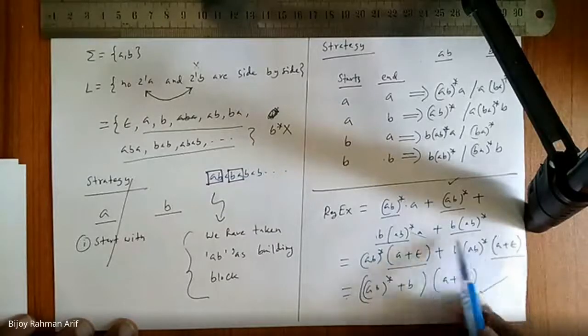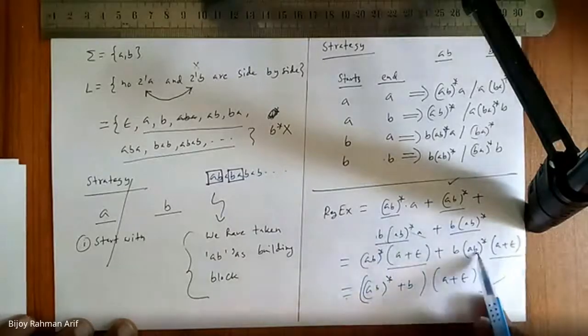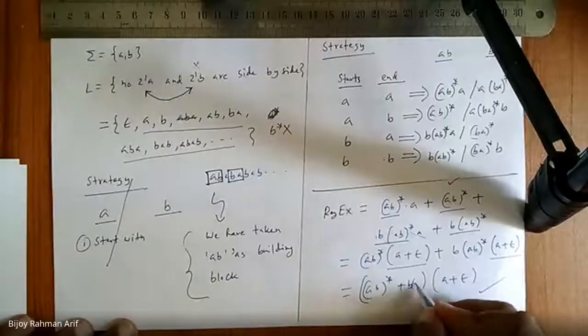So if you take prefix this, you get A B star A epsilon union epsilon. Here, if you take B A B star as prefix, then it should be B A B star. I made a mistake, sorry. It would be like this. B A B star. So it is wrong.